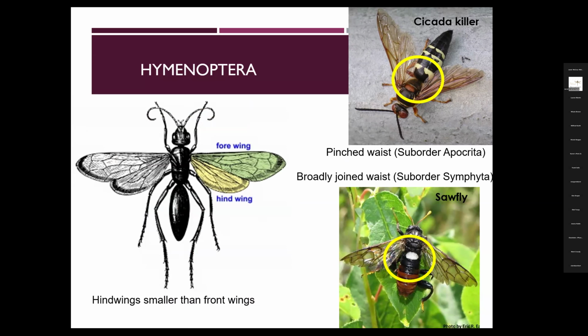Essentially, there is a constriction between the thorax and the abdomen. The other suborder is Symphyta. Those are the sawflies. Those ones are going to have a broadly joined waist. So where you see the thorax and the abdomen joined together, it is broadly joined and not pinched together.